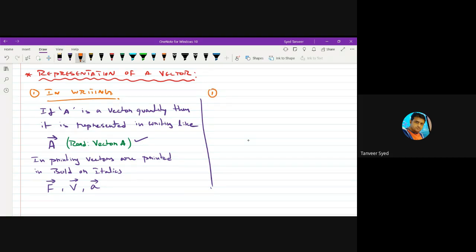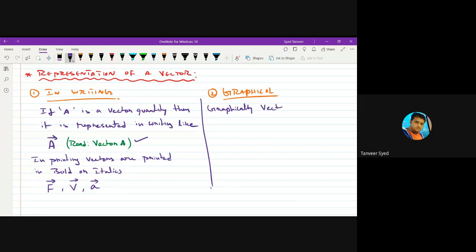Another representation that we use is graphical representation. What is this graphical? We represent vector quantities with arrows graphically. Graphically does not mean your XY graph, but diagrammatically or pictorially.